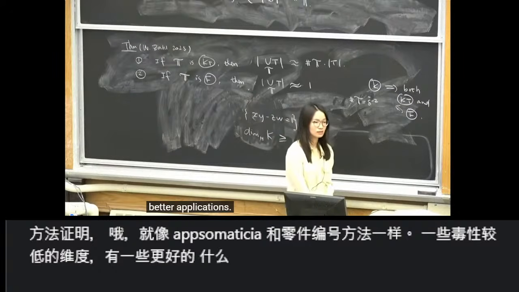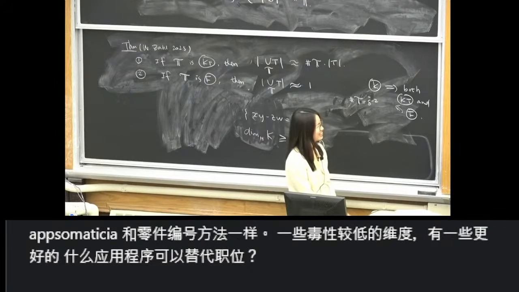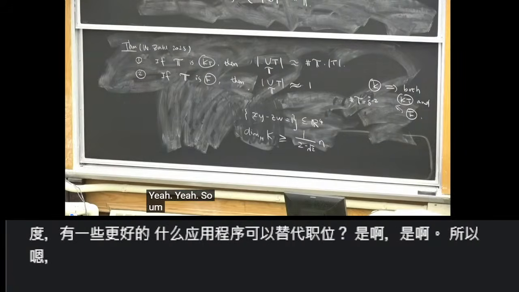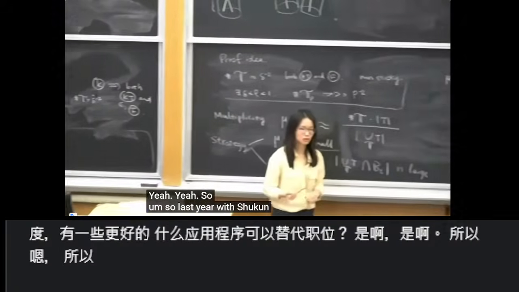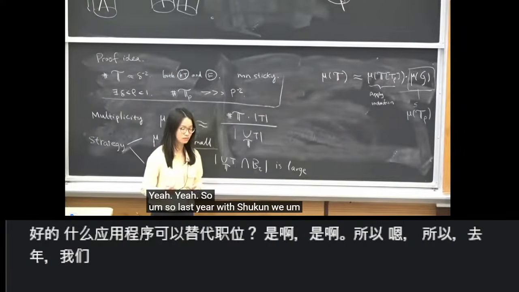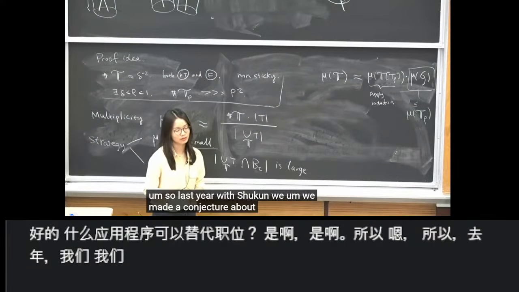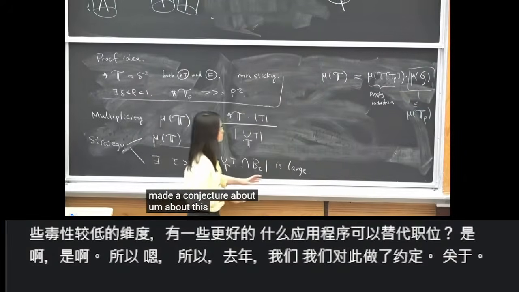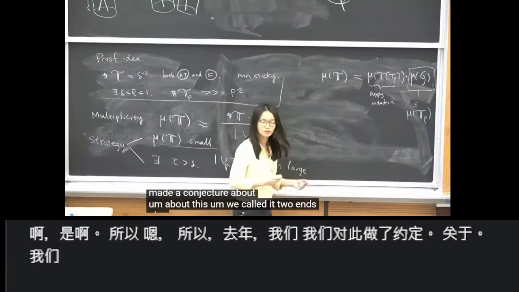What applications do those methods have? Yes. Last year with Shukun Wu, we made a conjecture about this. We call it the 2n Furstenberg conjecture.